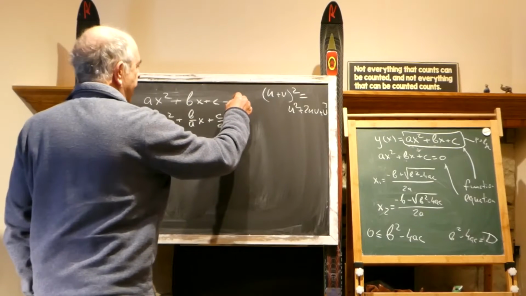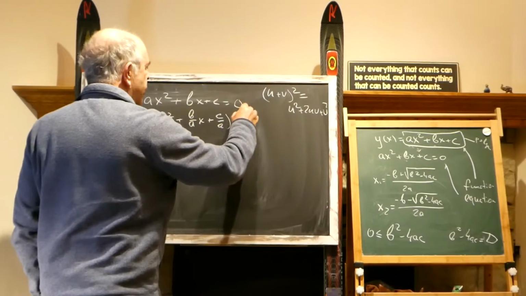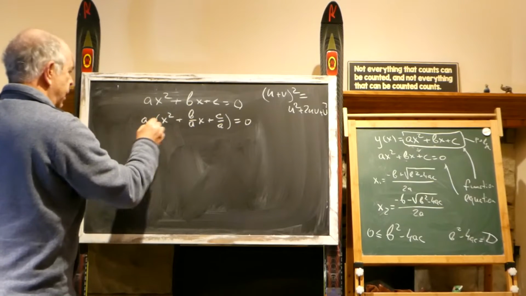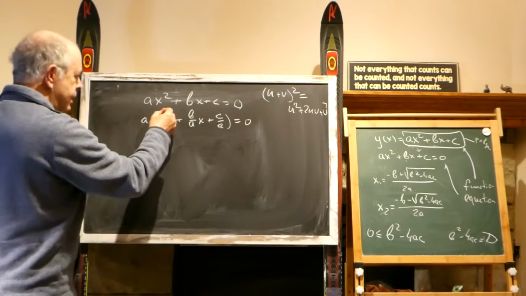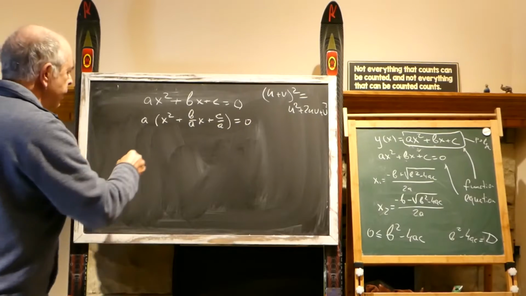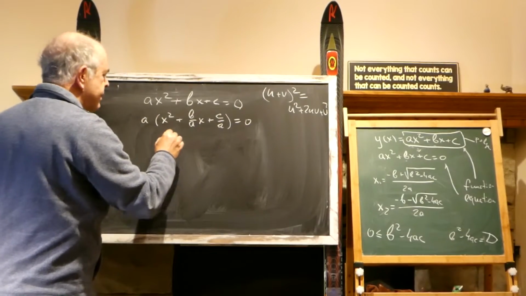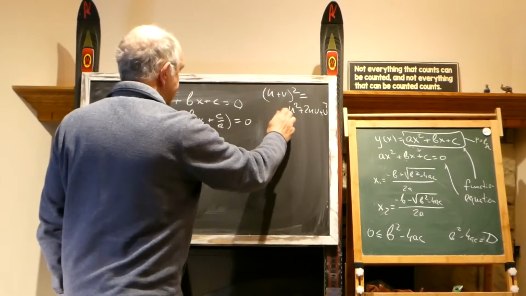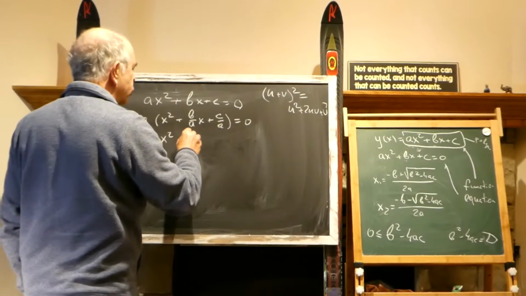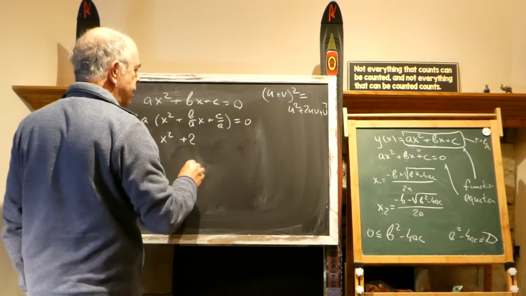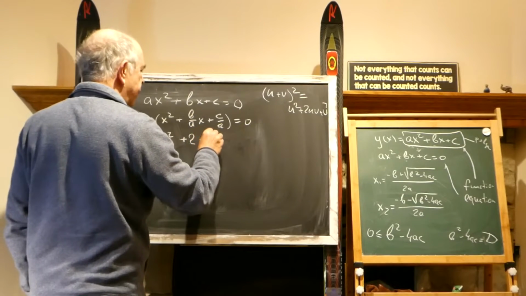Let's say I'm solving this, so I set it equal to 0. I get rid of the a and I have this bracket, equal to 0. I start to rewrite this bracket. I already have x squared, then I have to multiply by 2 and divide by 2.